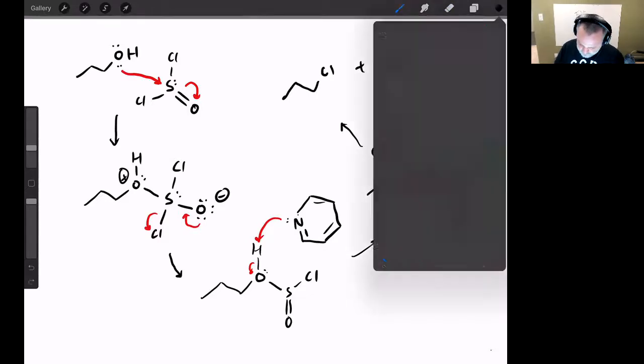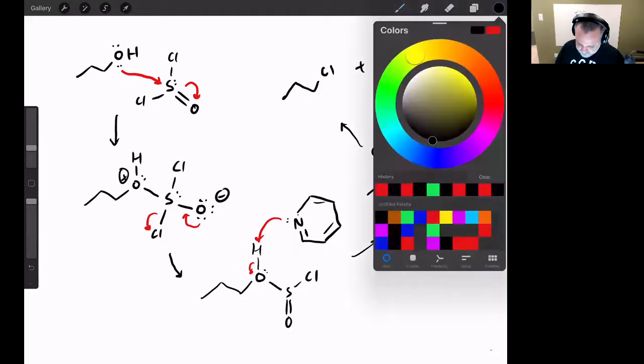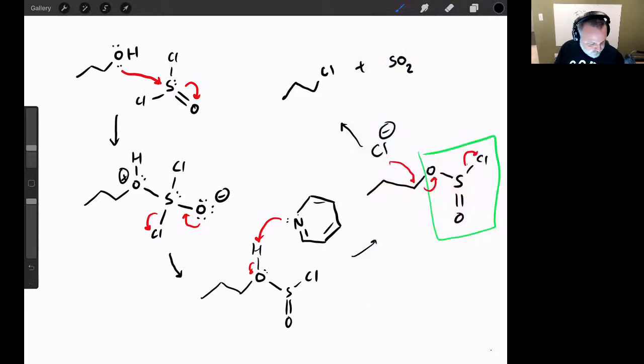It does kick off a chlorine to form chloride in solution, but then the SO2 is a gas. So there you have it.